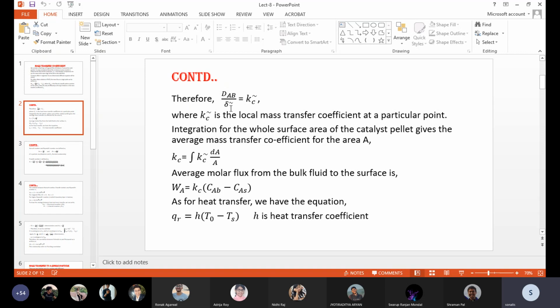Therefore, DAB by delta tilde is Kc tilde. Kc tilde is the local mass transfer coefficient at the particular point which we have considered.